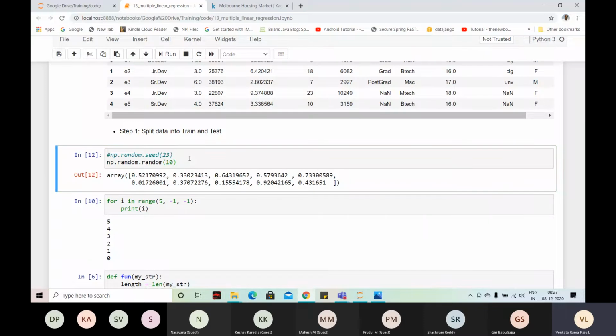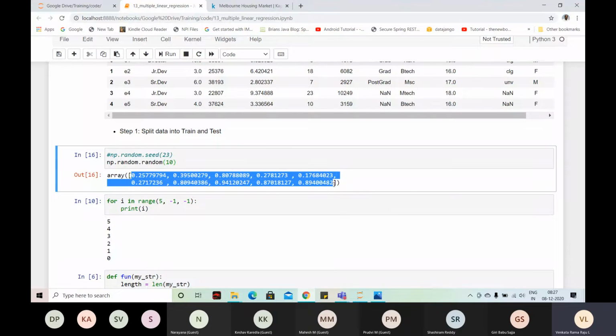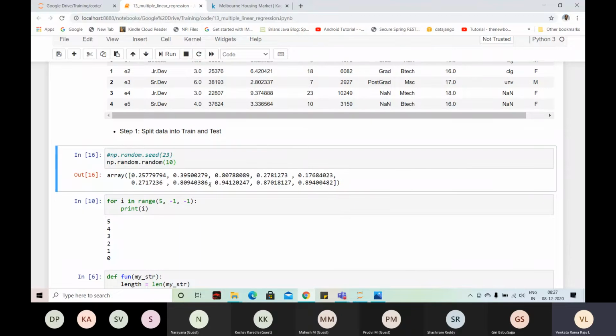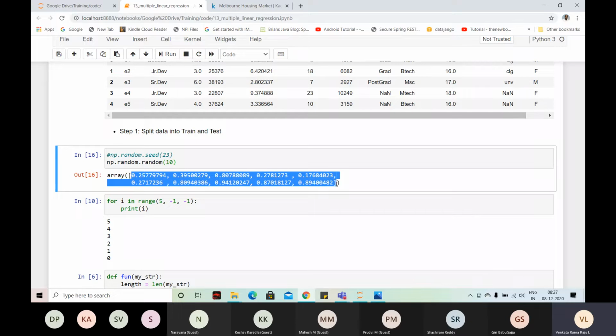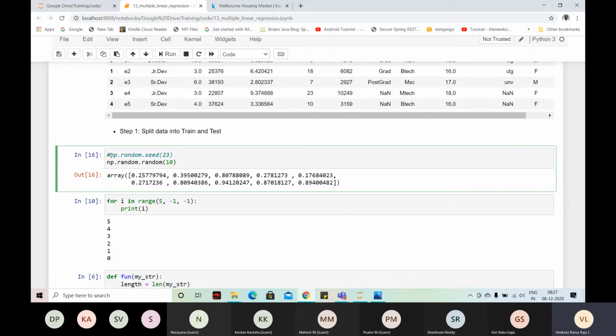When I execute it, if you look at these values, they are changing. If I want to generate random values at the first execution, and from the next execution have the same random values, I need to set the seed.